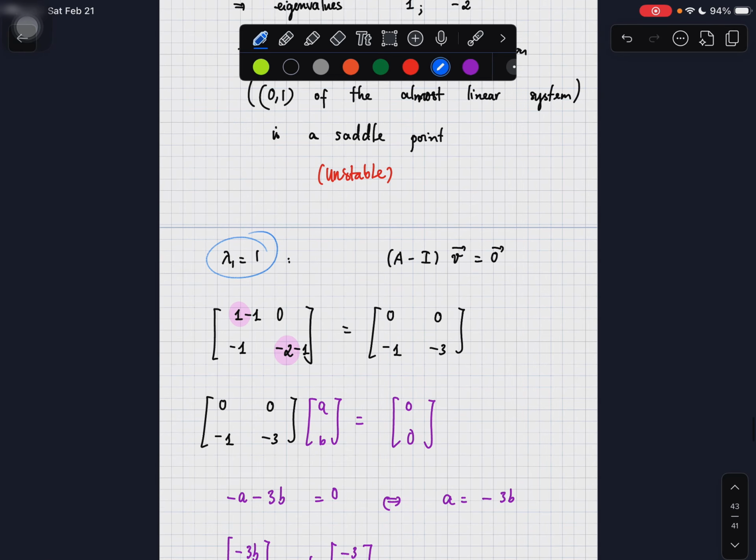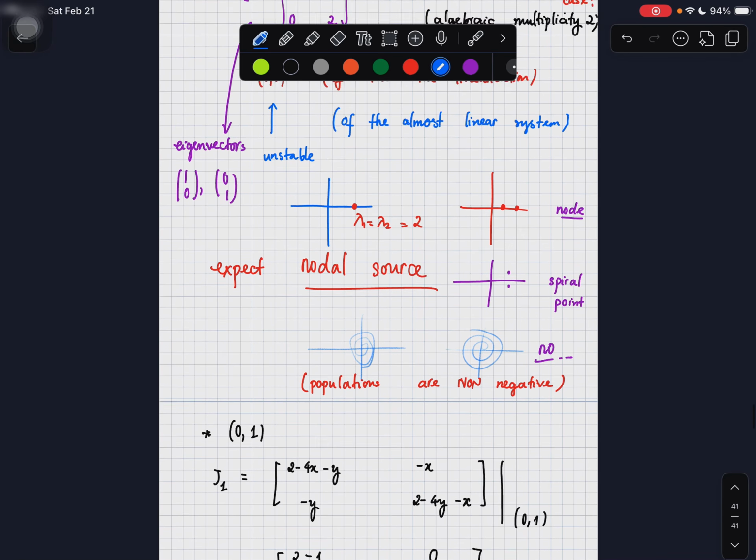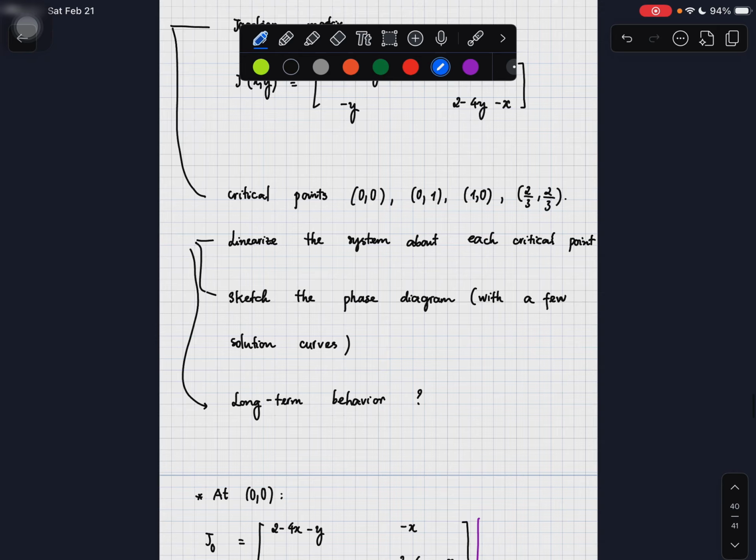Now let's look at the next critical point. We have (1, 0).